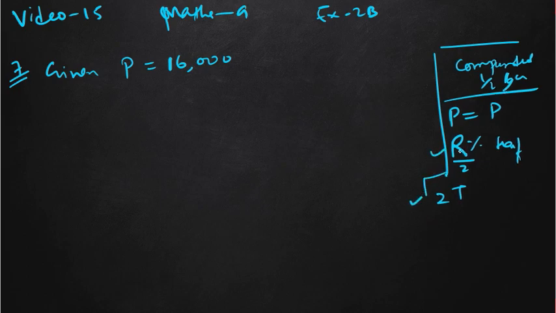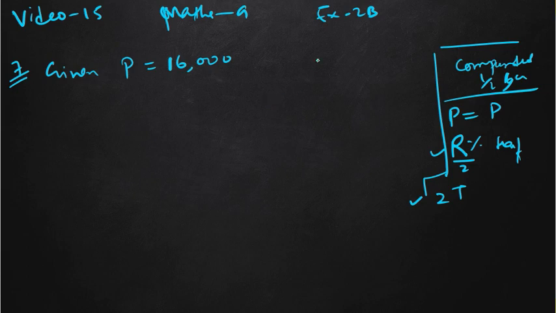Only this portion changes. That means for half yearly we have to take the rate percent r by 2, and for the time we need to take 2t. Okay, that means we have to halve the rate percent and we have to double the time for compounded half yearly type questions.